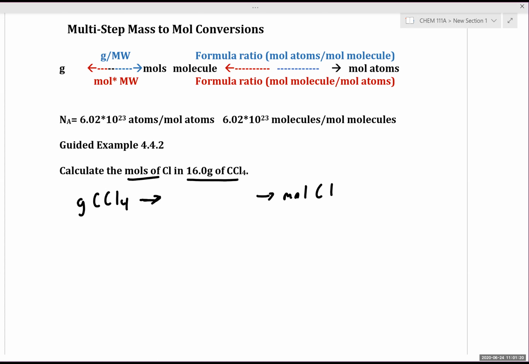If you're setting this problem up on an exam, for example, what units will you go through here? I'm given the mass of carbon tetrachloride. I want to get the moles of chlorine. What units do I need to go through to complete this conversion?